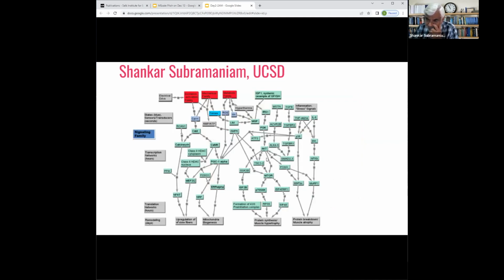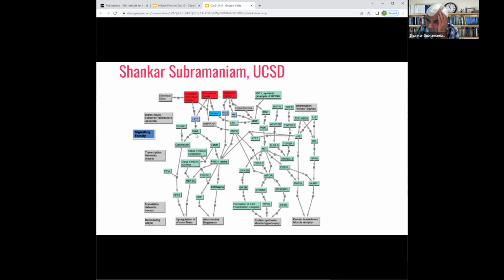When you look at how a muscle remodels, we wanted to analyze all the factors involved. By very painstaking transcriptional, in vitro, and in vivo measurements, using in situ hybridization methods, we were able to map very precisely what happens after excitation-contraction coupling and calcium signaling.